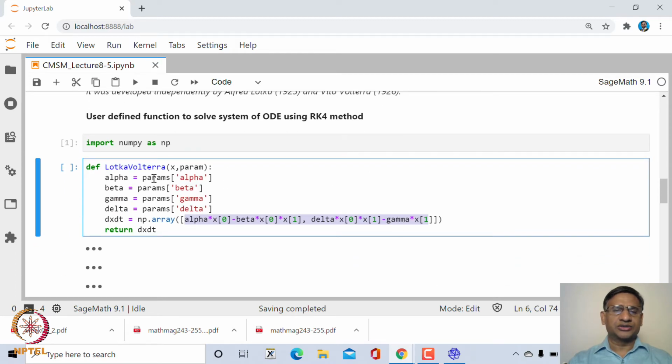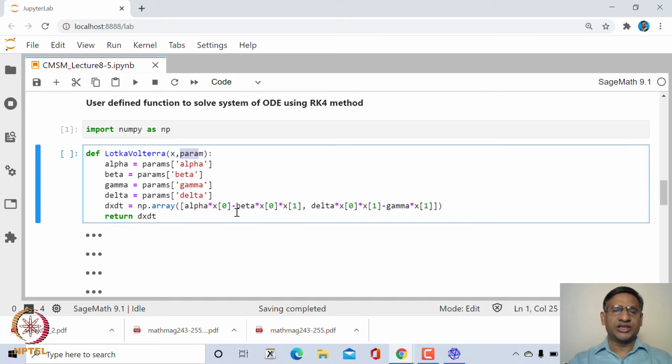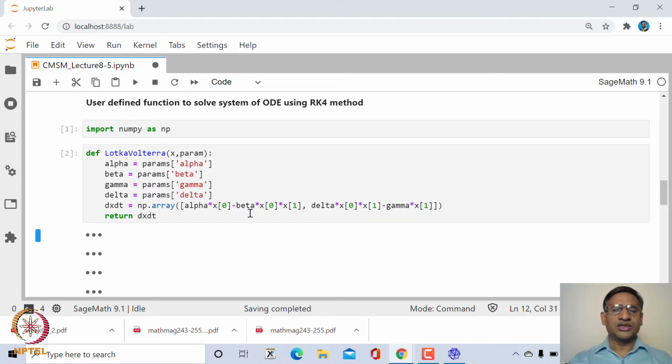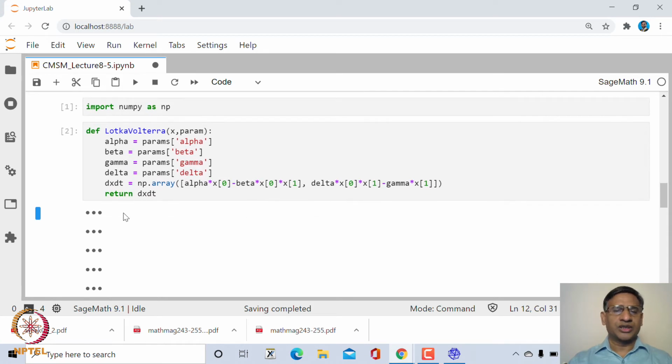Let us give the input as x, the variables x1, x2, and the parameters in dictionary form, alpha, beta, gamma, delta. So, alpha is equal to parameters in square brackets, alpha, and so on. So, this is the model.